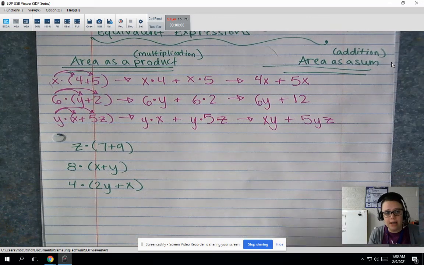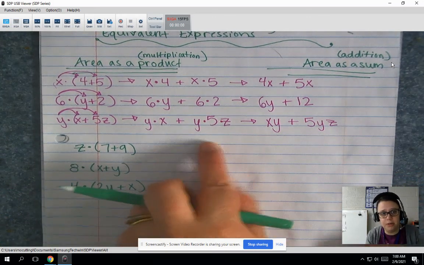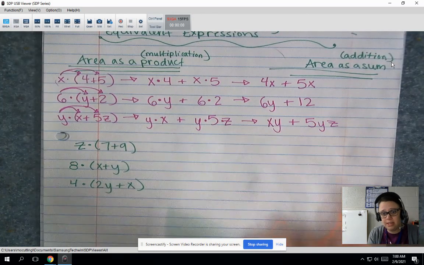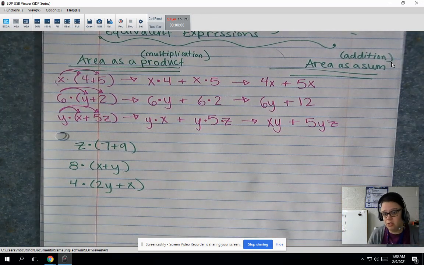So I'm going to have you pause, use these examples to help you. You're going to write it first with the times sign and then without the times sign as our more algebraic way of doing it. So pause to try those 3 and then come back. Pause. And welcome back.